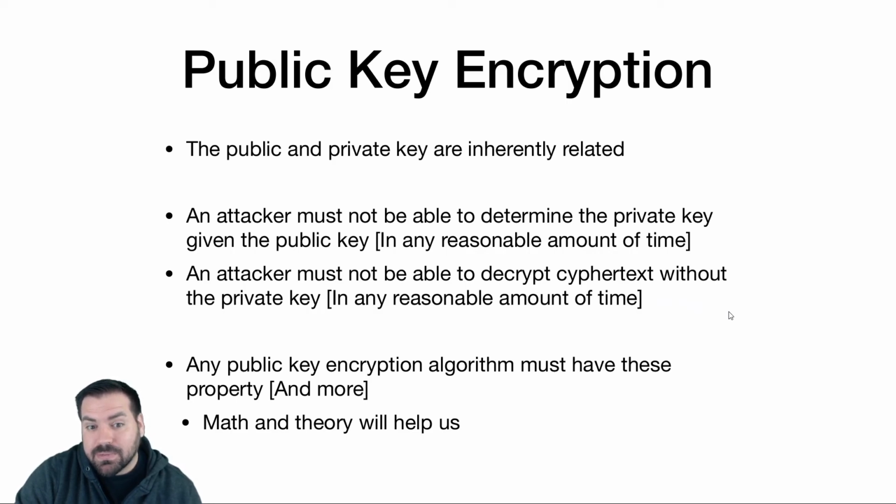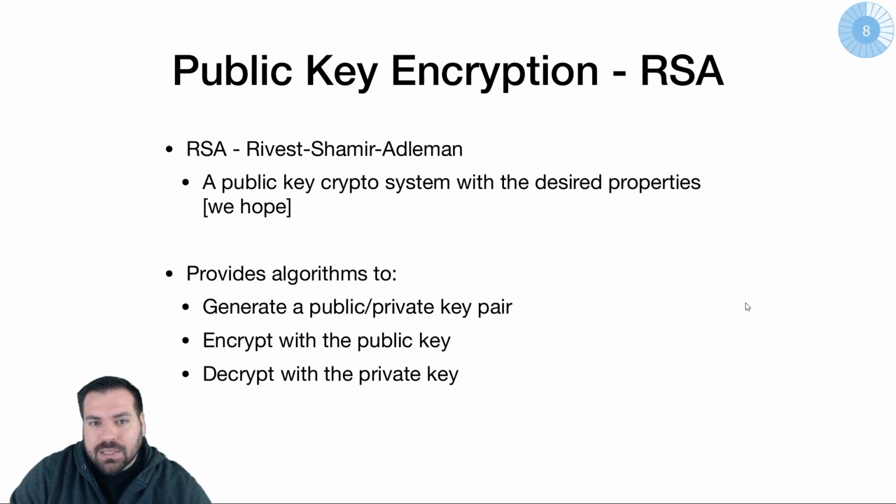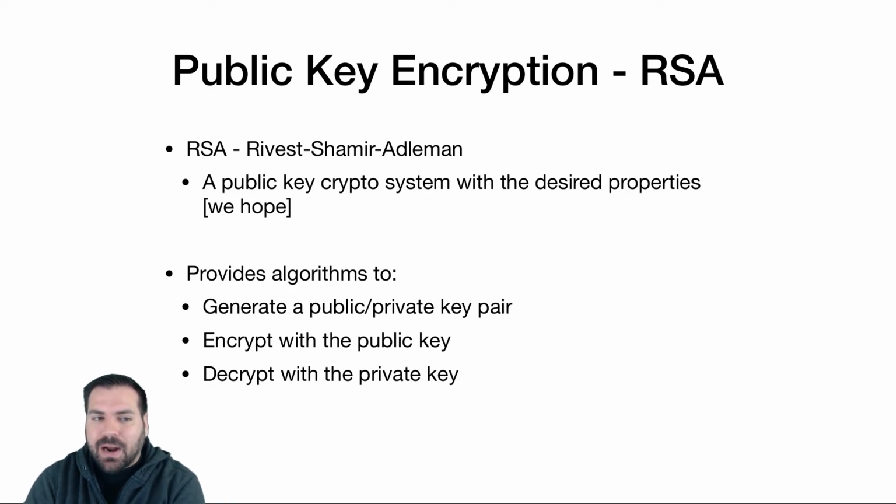It is possible. So these are things that we have to be aware of, and any good crypto system needs to have some sort of protection against these types of attacks. That's where RSA is going to come in. This is one crypto system, public key crypto system, which has these properties, we hope.